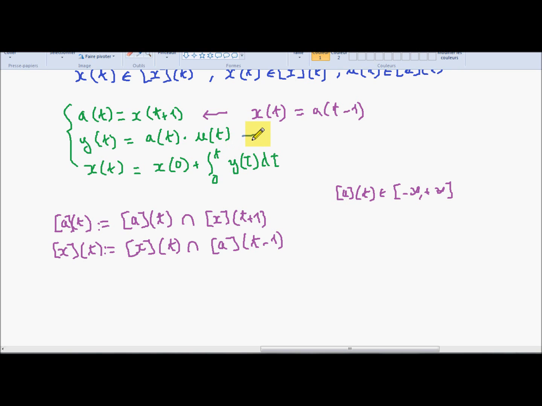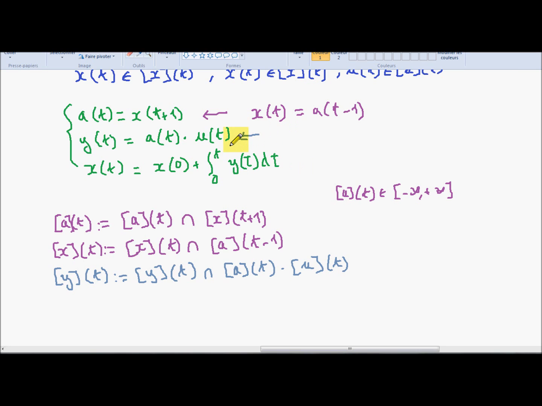If I apply this equation, I will obtain that y of t is equal to y of t intersected by the product of a of t multiplied by u of t. But I have another way: I will isolate now a.